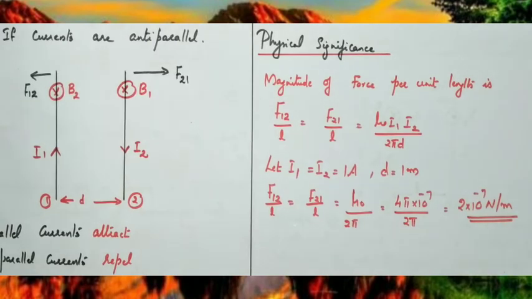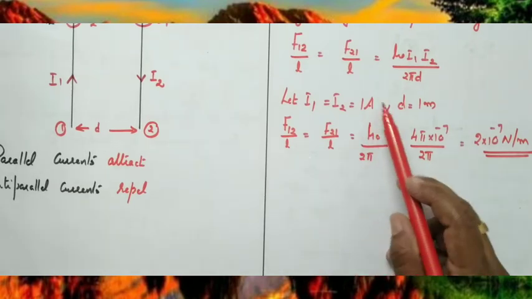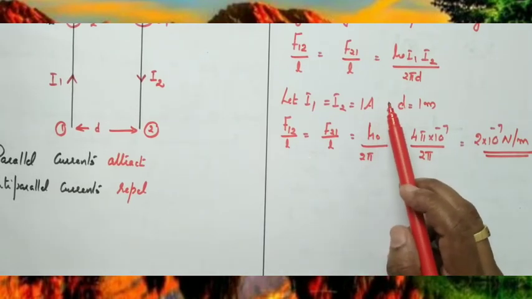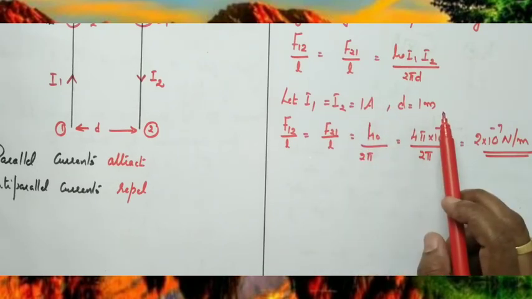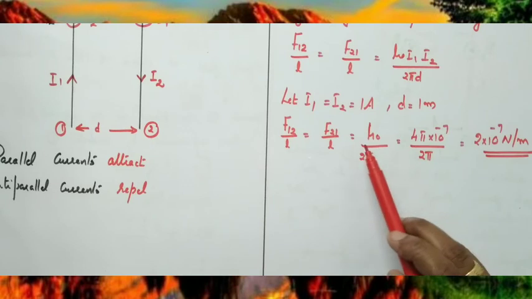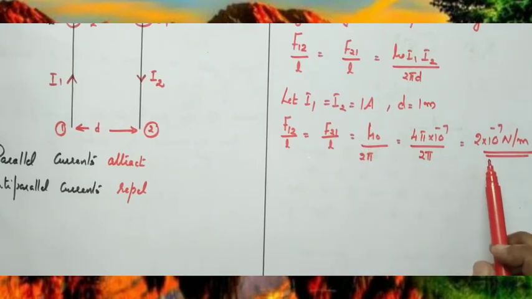So, the importance of this formula is we can define what is 1 ampere. If two conductors are carrying 1 ampere current each and the separation between them is 1 meter, the force acting per unit length will be 2 into 10 raised to minus 7 Newton per meter.